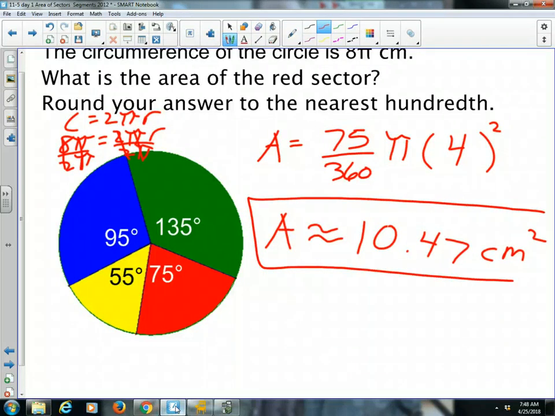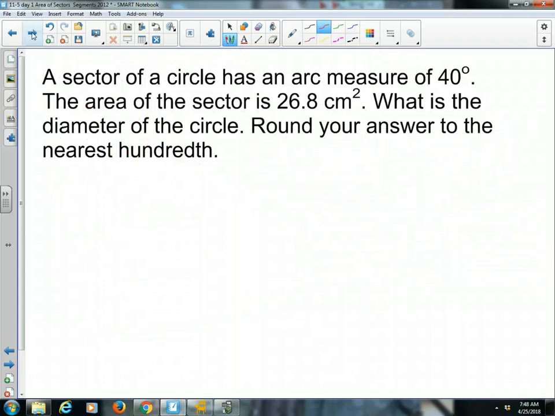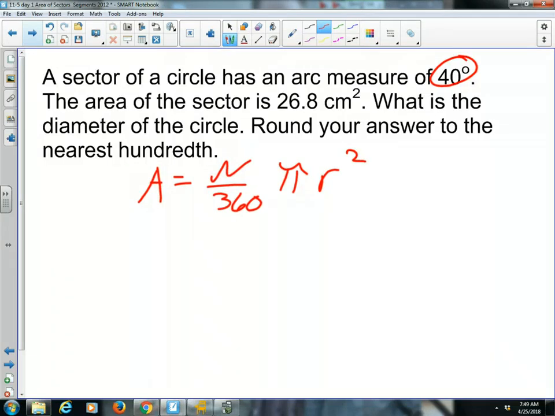All right, let's try one more of these sector questions. This time, a sector of a circle has an arc measure of 40 degrees, so it's telling us the measure of the central angle or the measure of the arc. The area of the sector is 26.8 centimeters squared. What is the diameter of the circle? All right, the area of any sector is n over 360 pi r squared.